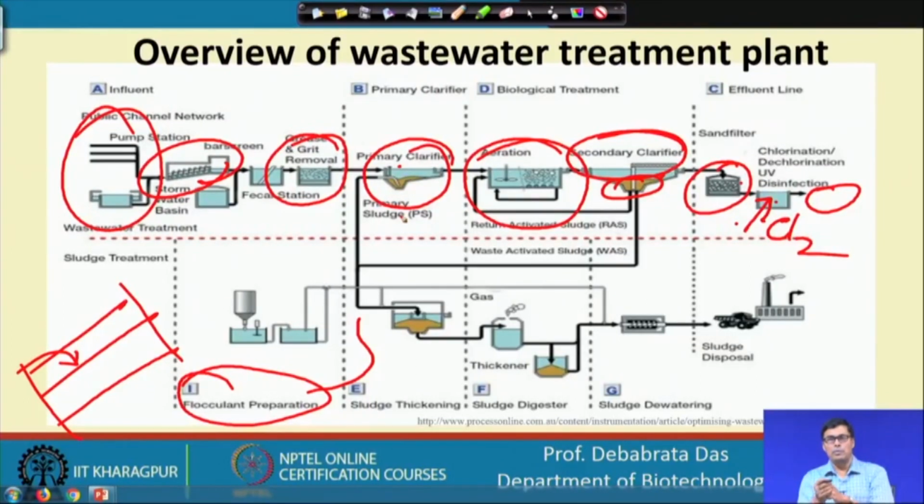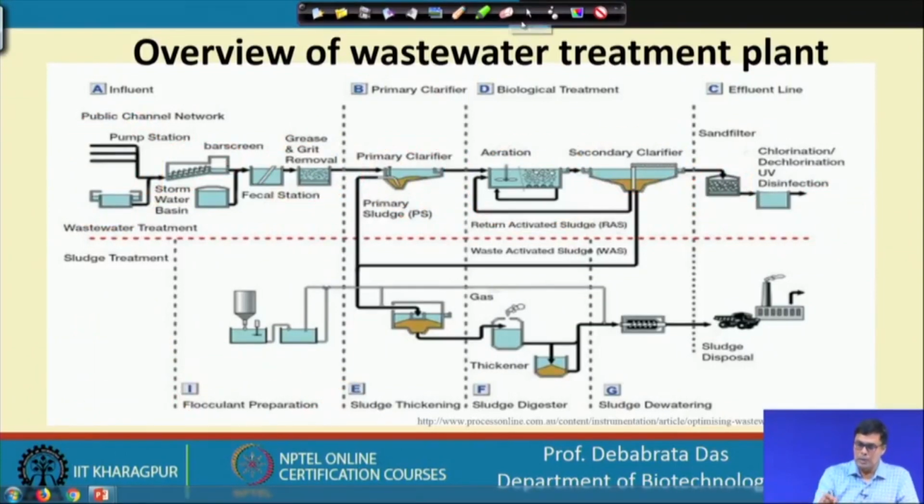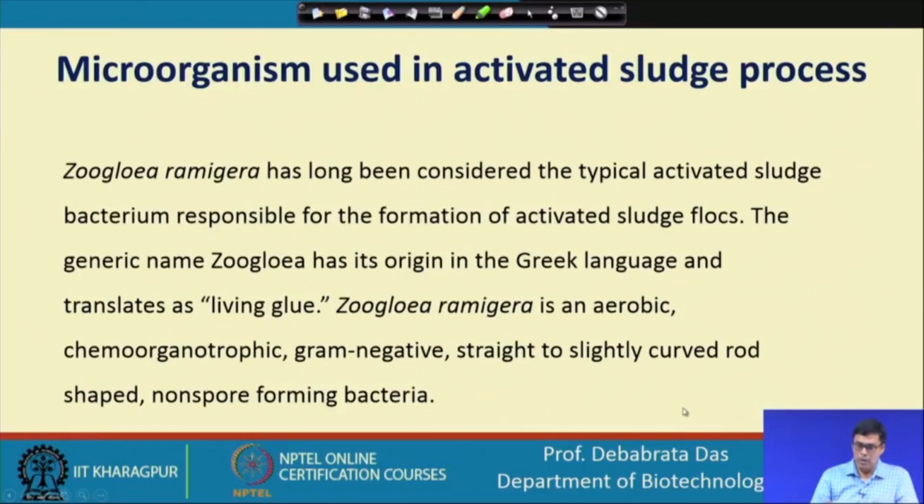Alum is a good flocculating agent, a coagulating agent. Whatever suspended material is there will settle down. That can be used to separate out the suspended or hazy material.